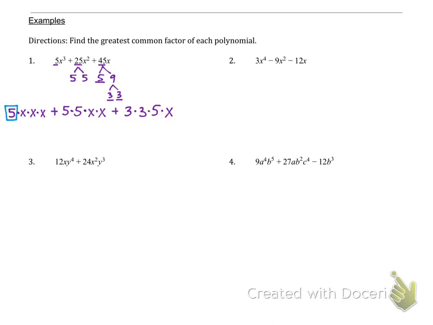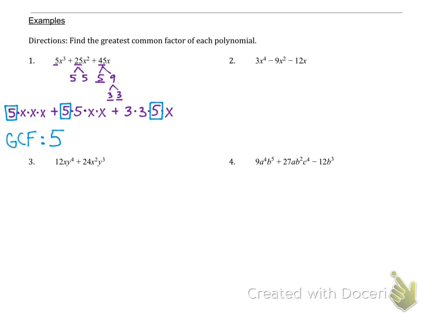I have a 5 here, a 5 here, and a 5 here. All of those are in common between the 3 terms that we have. So therefore, part of our greatest common factor is a 5. Let's see what else we have.